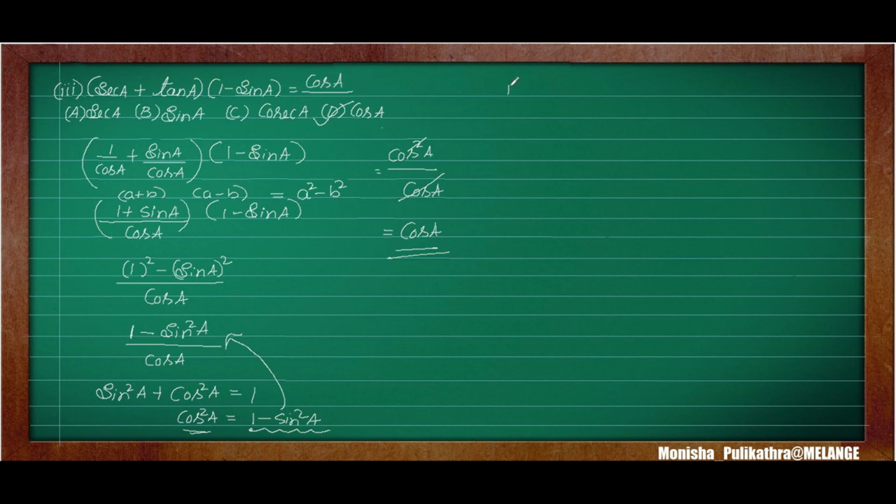Moving on to the last, fourth sub question, that is (1 plus tan square A) divided by (1 plus cot square A).